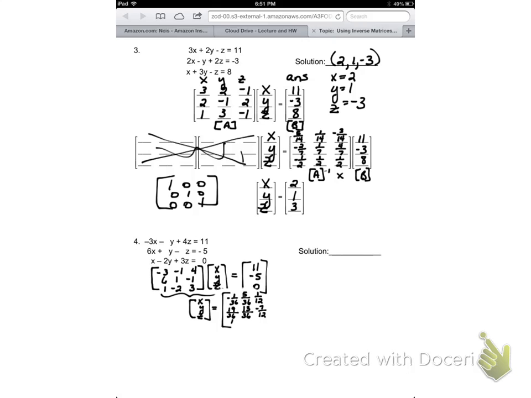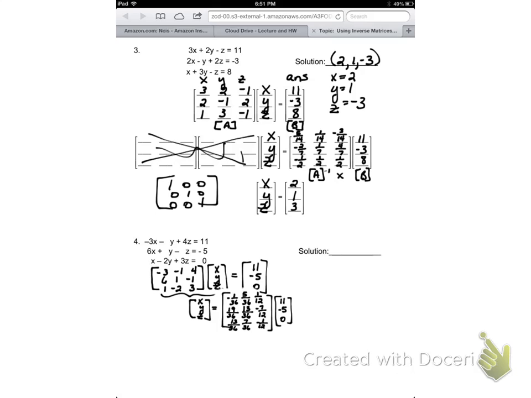And then we have 13/36 again, 7/36 and negative 1/12. Okay, it's kind of hard to write all that in. And then again we have our answer matrix, 11, negative 5, and 0.